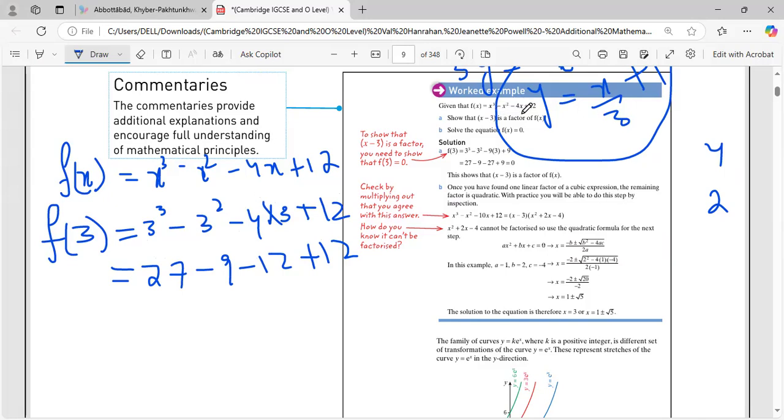Actually here we have a mistake. This is actually 9, it's not a 4. So this will be 27, 3 cubed is 27, minus 9, plus 12.